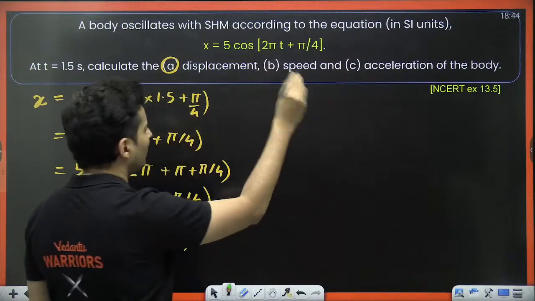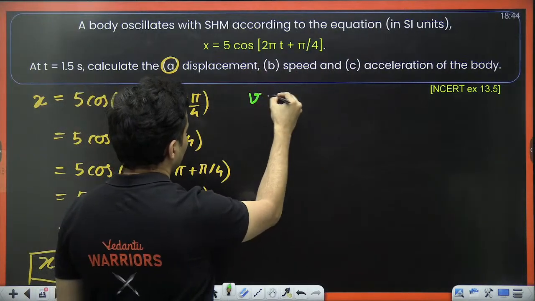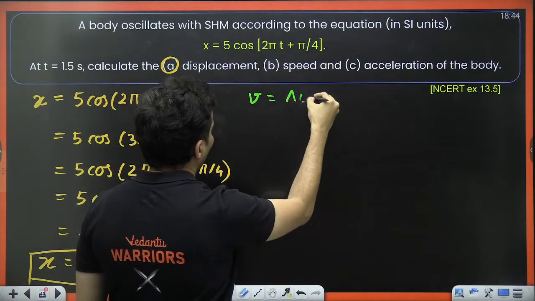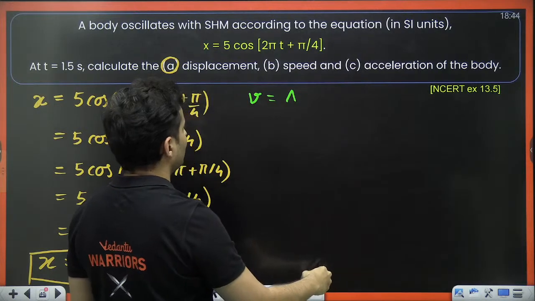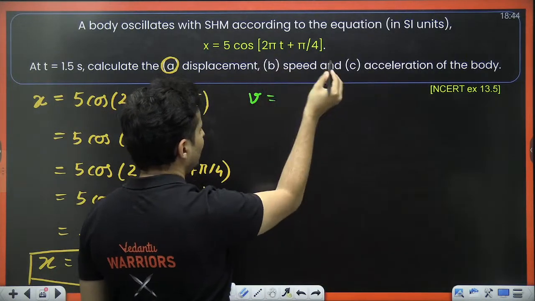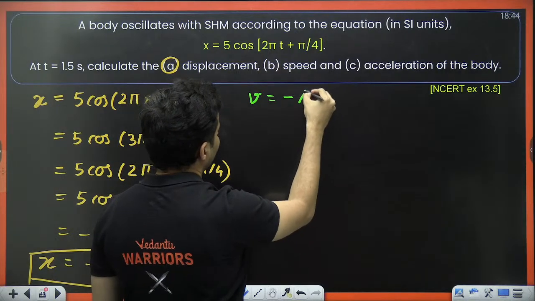Once I get this, I can also find the speed and the other things, because velocity will be the derivative. This is cos, so cos's derivative will be minus sine.